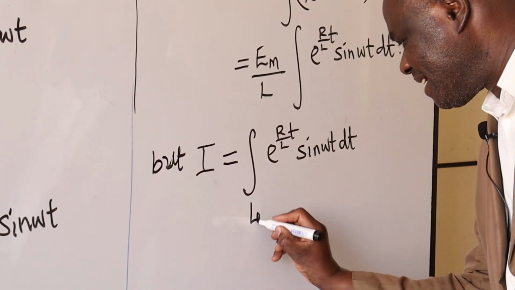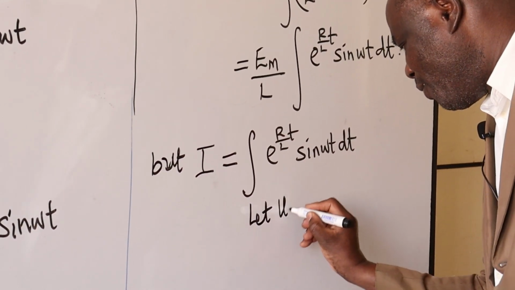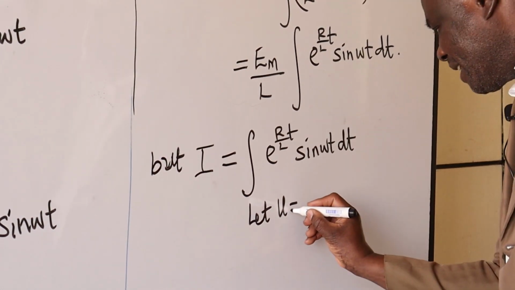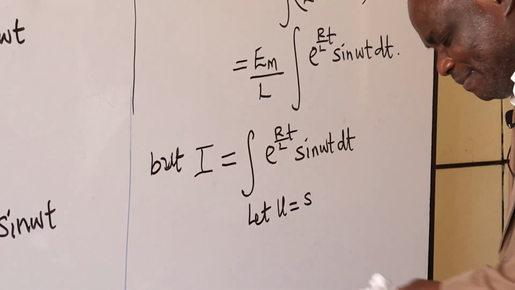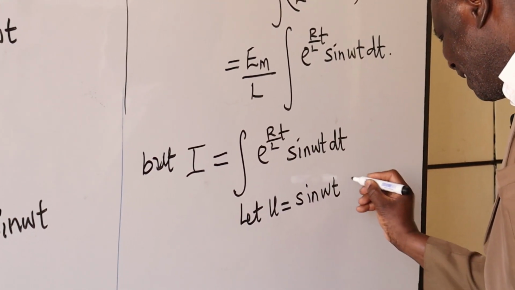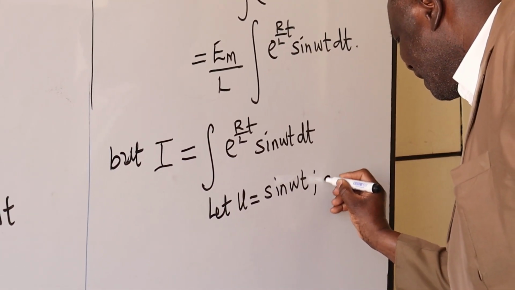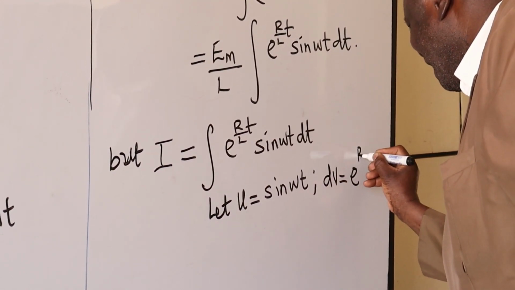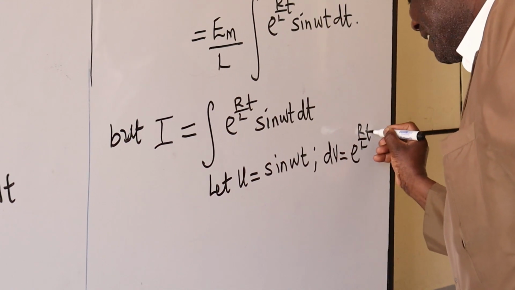So we let u be equal to sine omega t, and we let dv be equal to exponential (R/L)t dt.